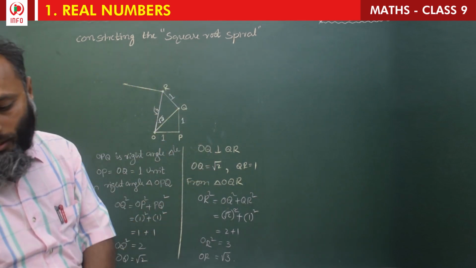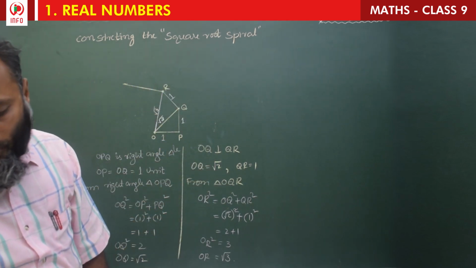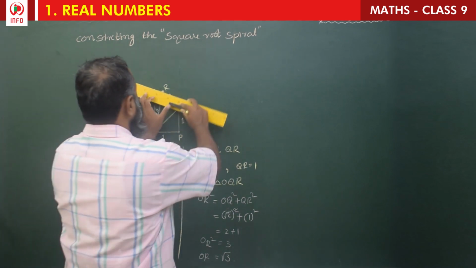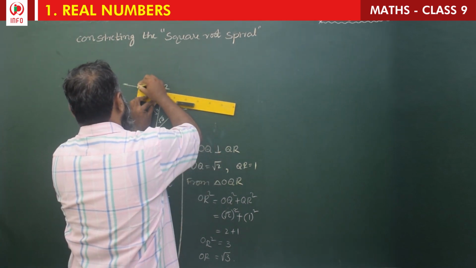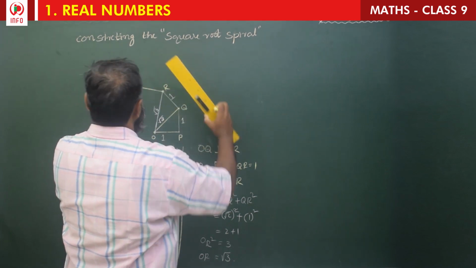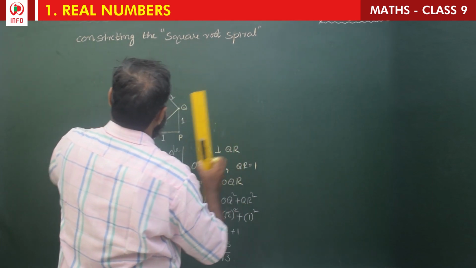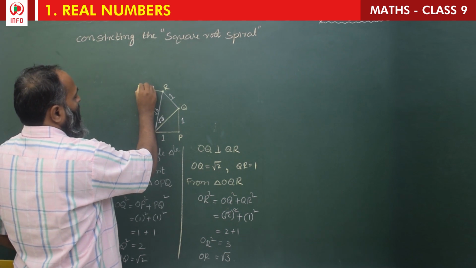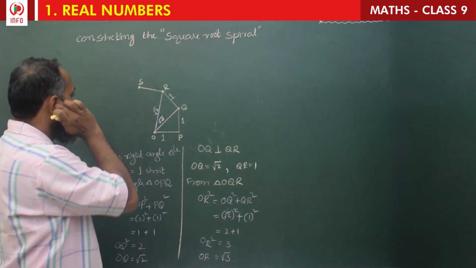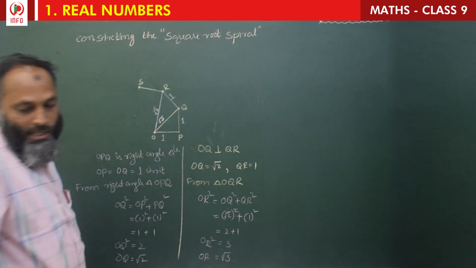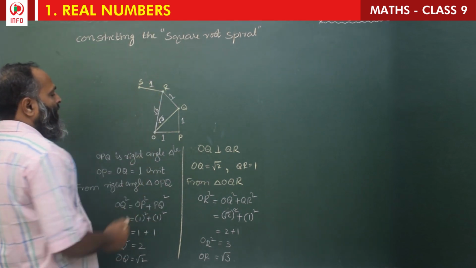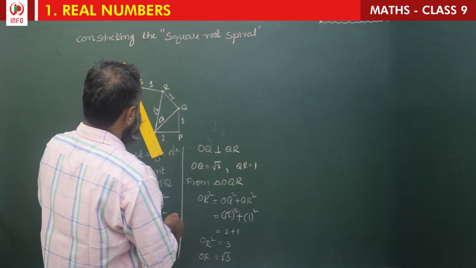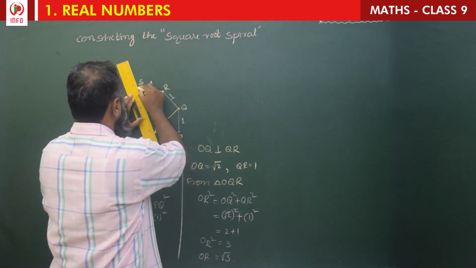Then take 1 centimeter from point O with the help of a scale, mark a point, and rub the remaining. This is S. Now RS is 1 unit. Now you join OS.